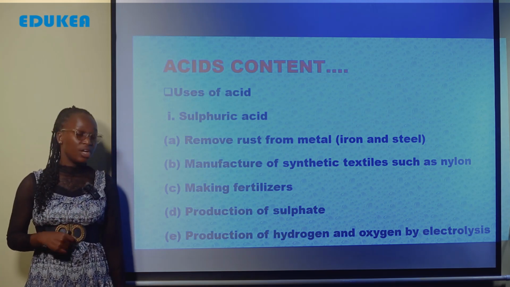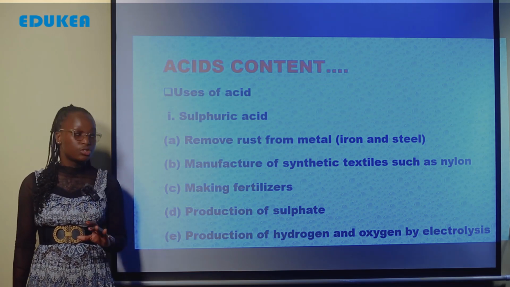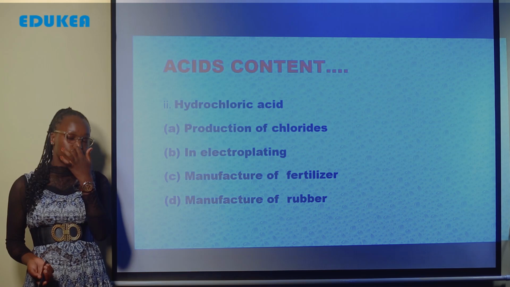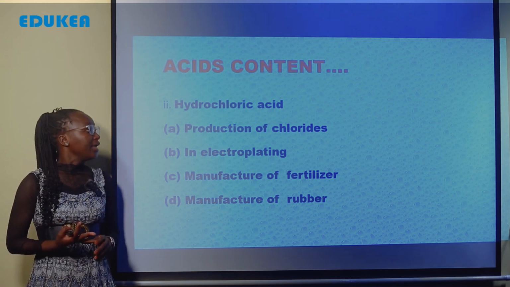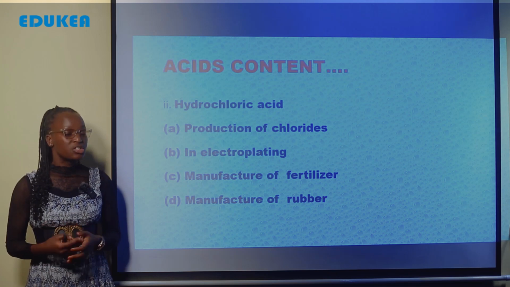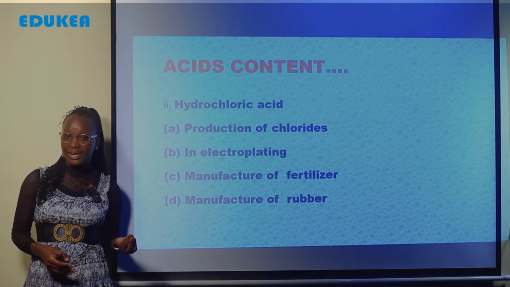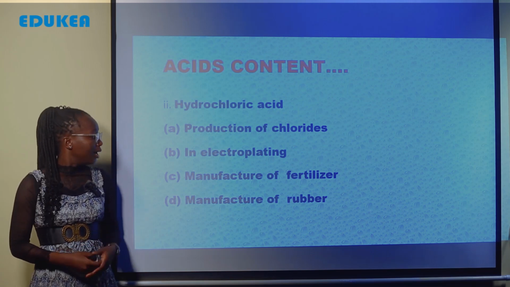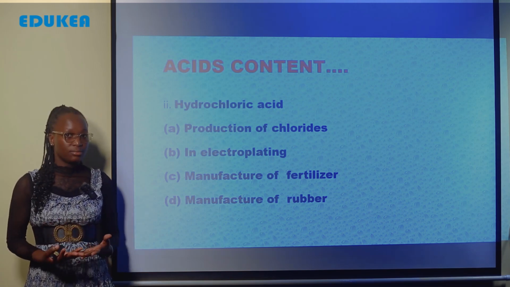Another is hydrochloric acid. Hydrochloric acid is used in the production of chlorine. Kwamba kwenye hydrochloric acid tunaweza tukaproduce the chlorine compound. Also in electroplating, the hydrochloric acid is used in the electroplating process, the coating of metals.